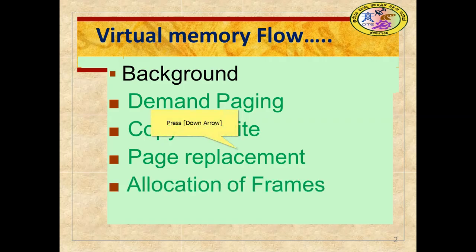This is followed by allocation of frames, where memory is divided into frames. Those frames are allocated to the pages, since the process is divided into pages.